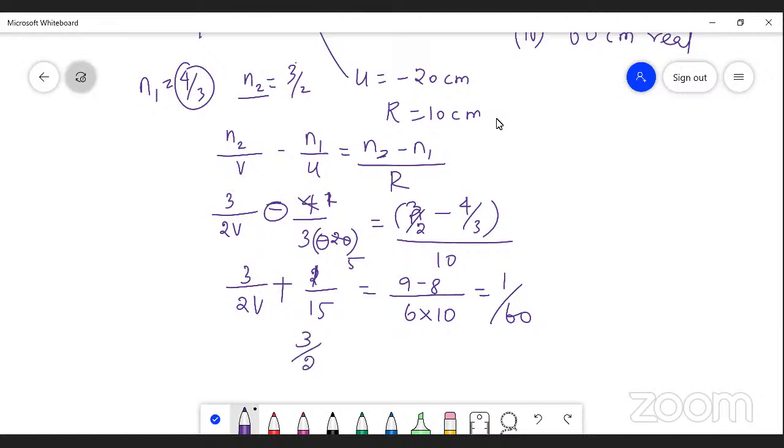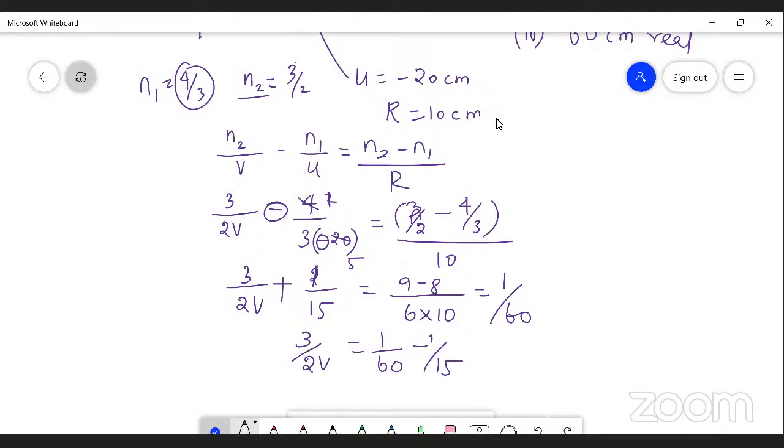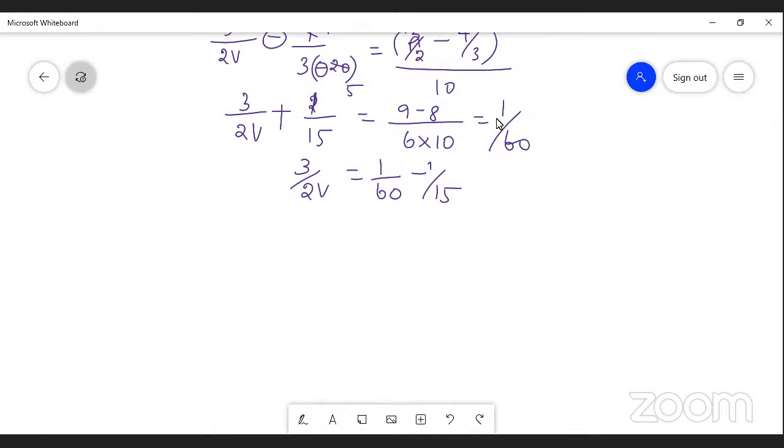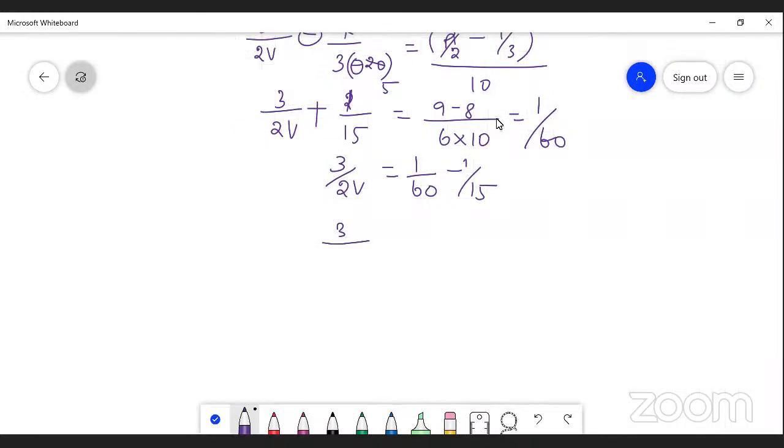So 3 divided by 2V is equal to 1 divided by 60 minus 1 divided by 40.